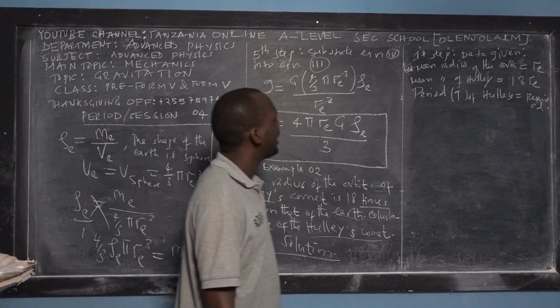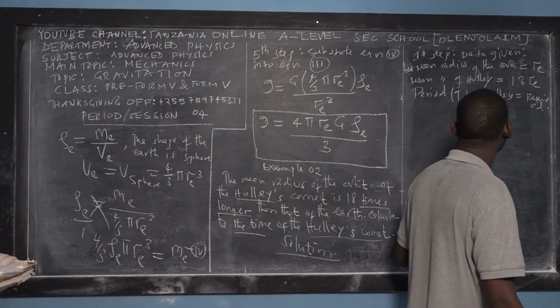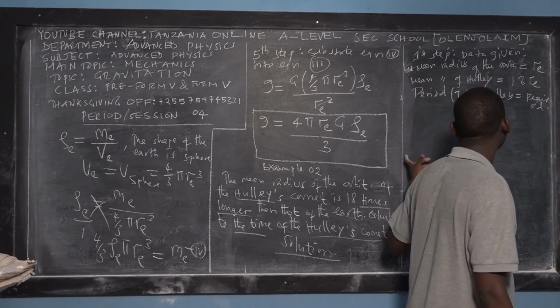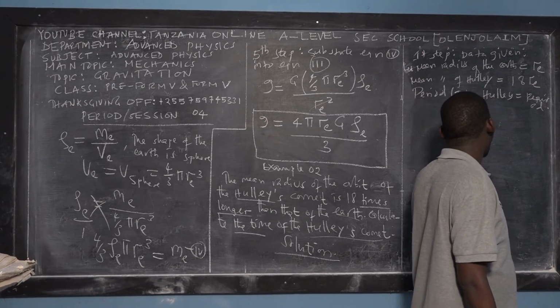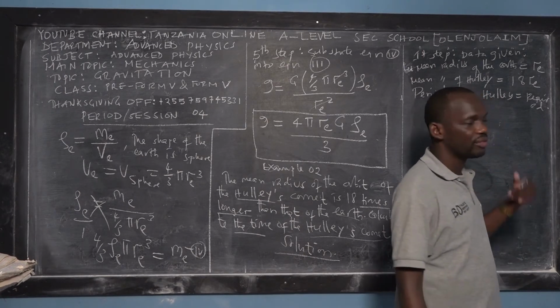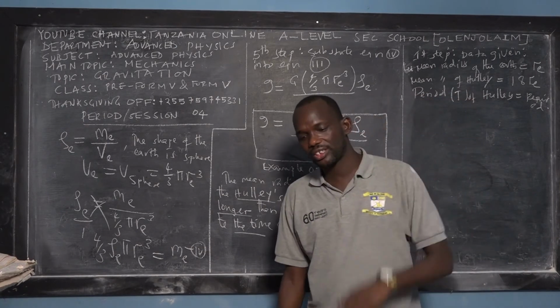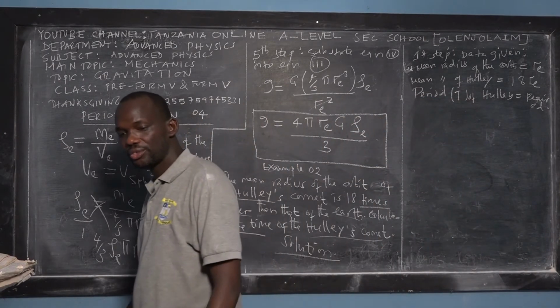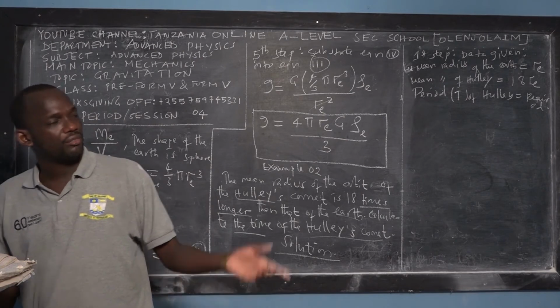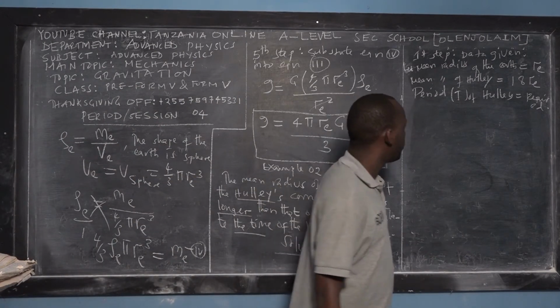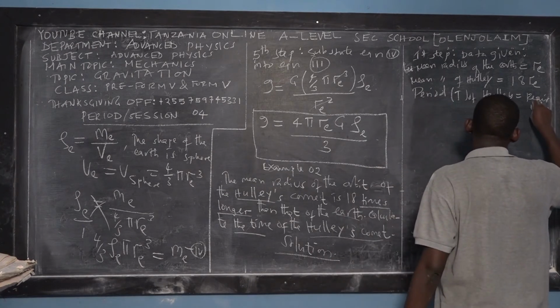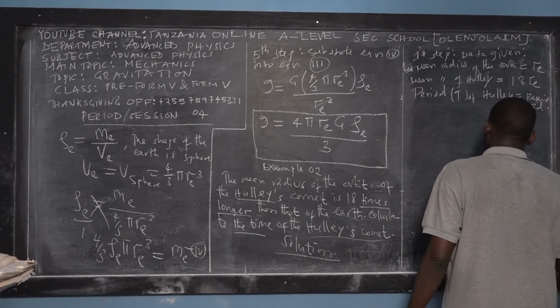Because Halley's comet is revolving around the sun in its own orbit. And when it completes one revolution, then again it goes to the second revolution, third revolution, fourth revolution, fifth revolution. So it keeps on repeating the same process. Okay?